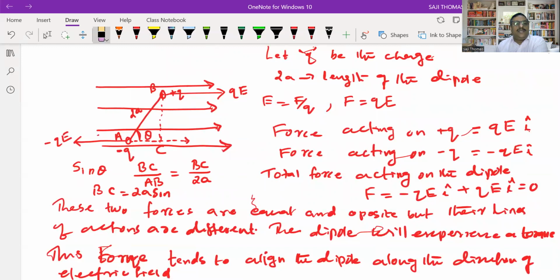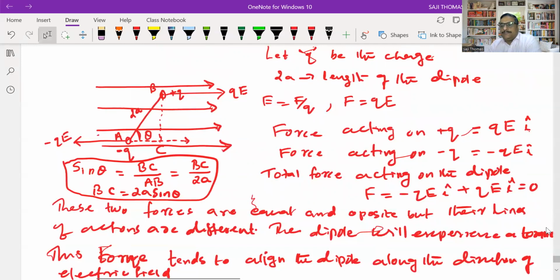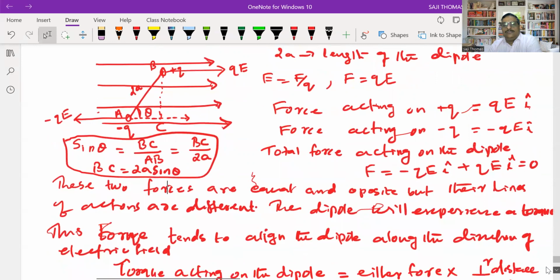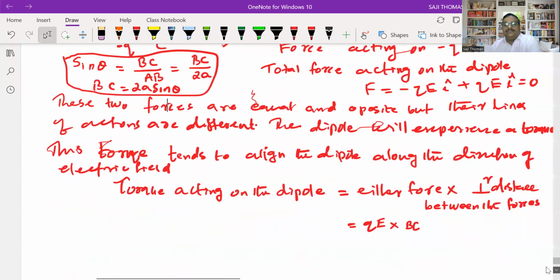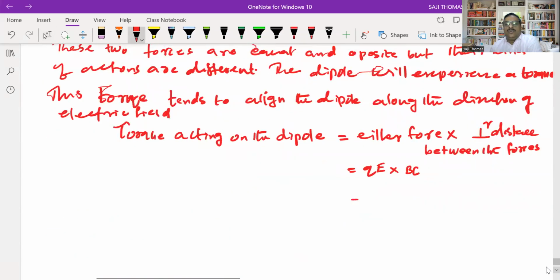BC is 2A sine theta. So you can put it in the equation. Torque is equal to Q into E into what is BC there? 2A sine theta.